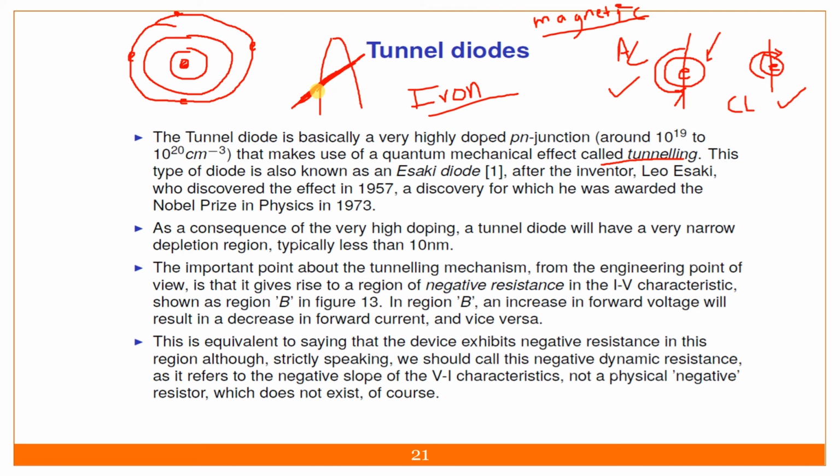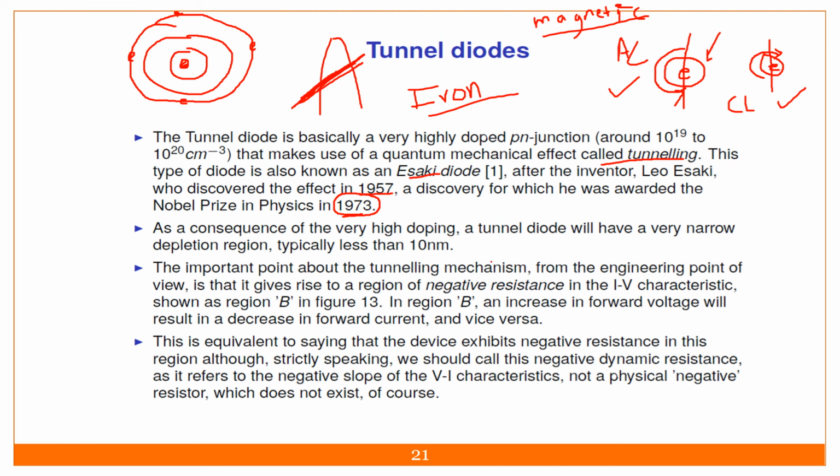So this tunnel will happen and current will flow. Current flowing is nothing but electrons flowing. This was discovered by Esaki. He discovered this effect in 1957, and in 1973 he got the Nobel Prize in physics for this.